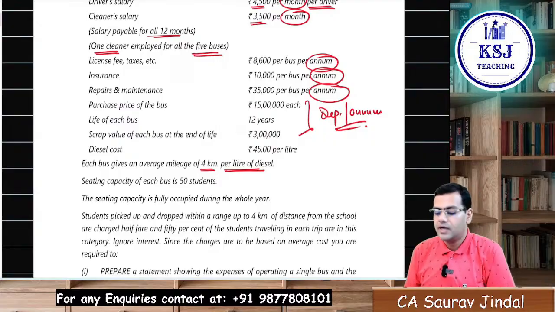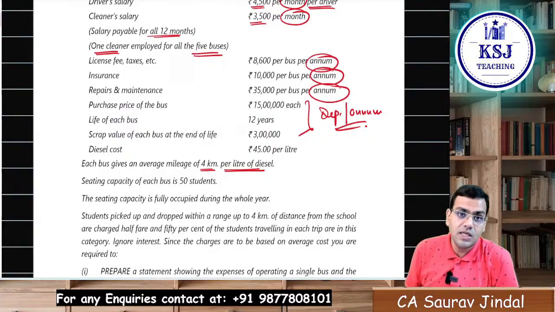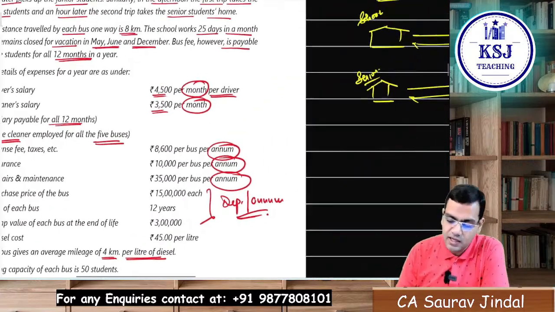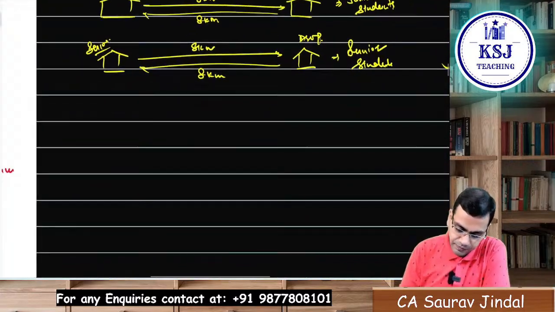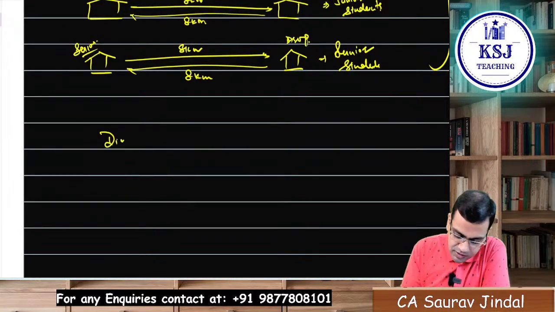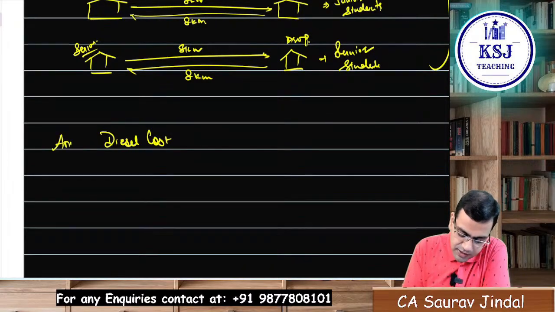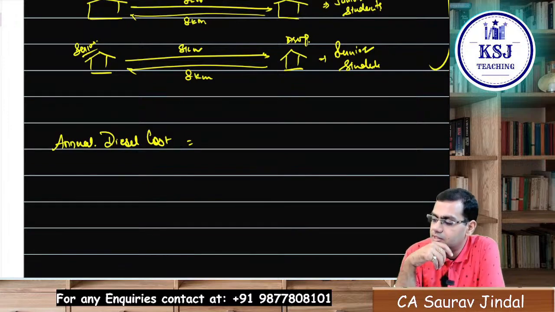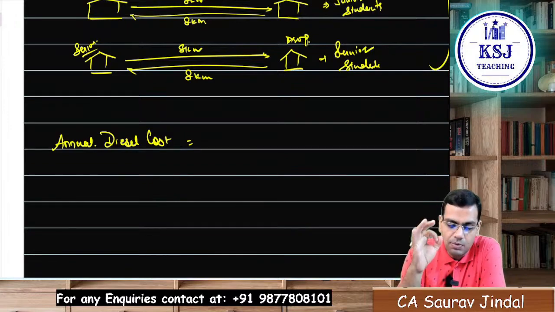Another important point here, when we talk about the diesel cost, if you are going for annual calculation, be very careful. When we are talking about the annual diesel cost, I want to know for how many months the diesel cost will be there. For how many months is the diesel cost to be calculated, sir?